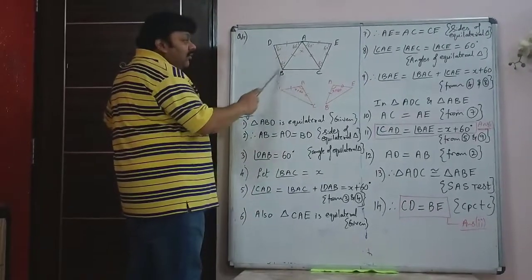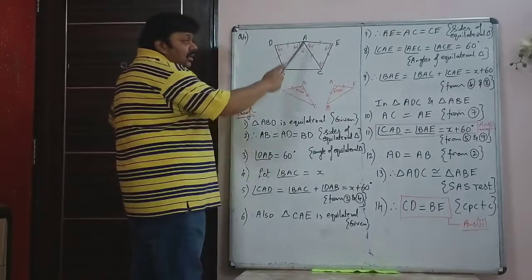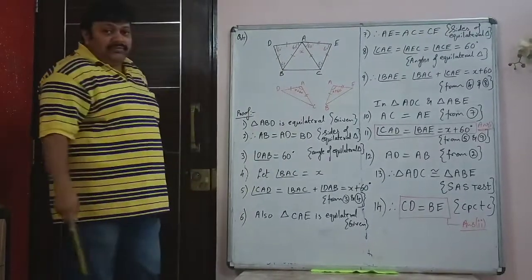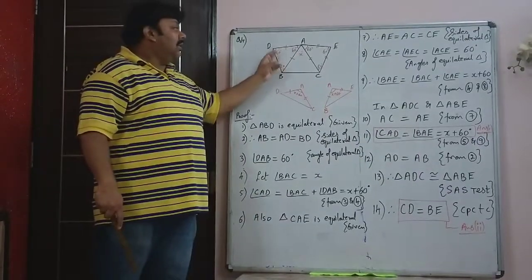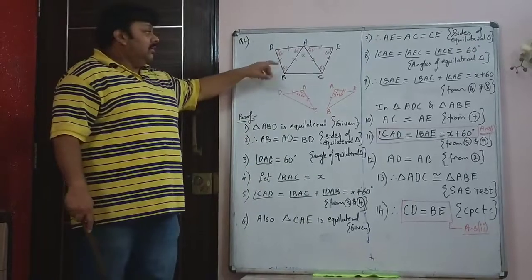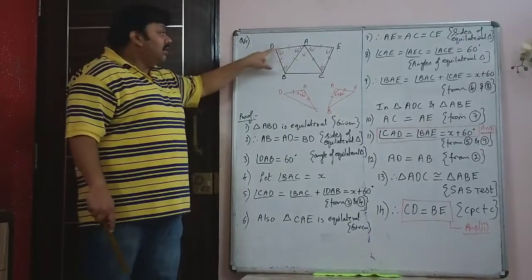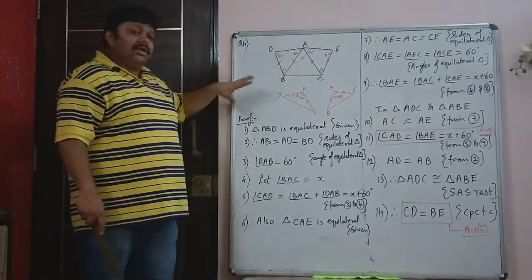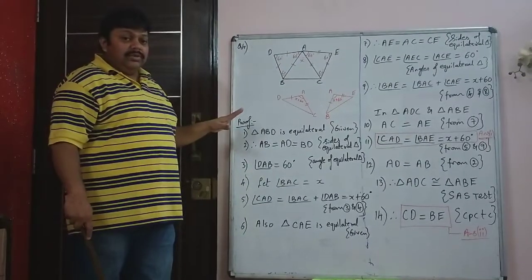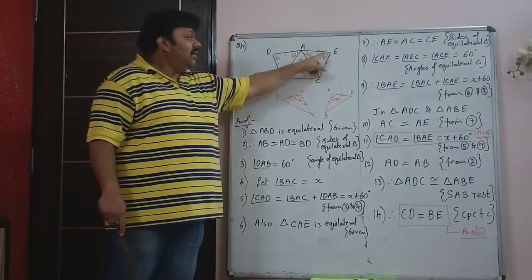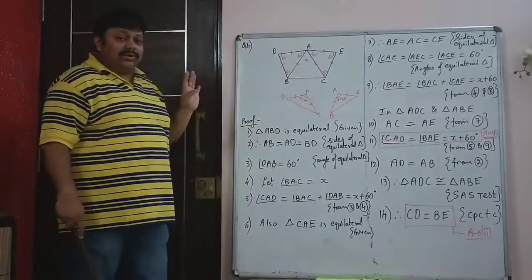So this could be 4, 4 and 4 centimeters, and this could be 5, 5 and 5 centimeters. Only because they are equilateral, all three angles of both are 60. In this triangle, the three sides AD, DB and AB are equal to each other, and in that triangle, AC, CE and AE are equal to each other.